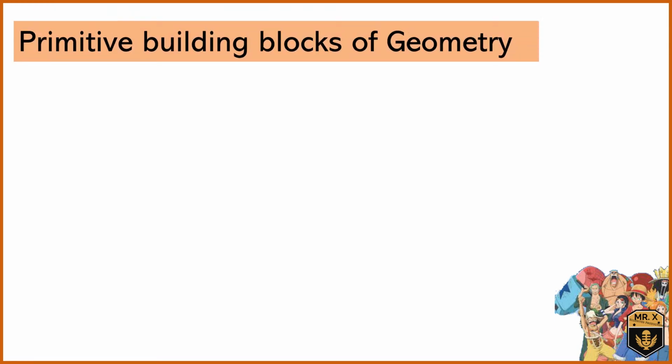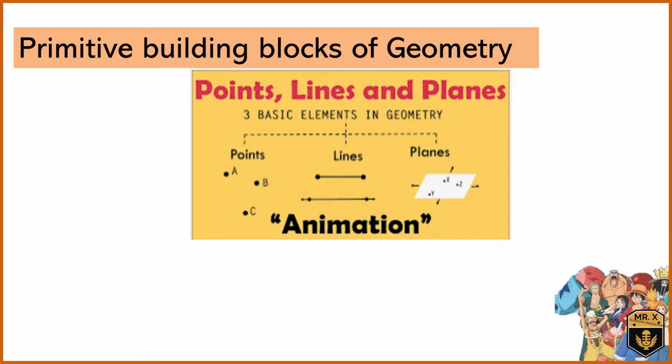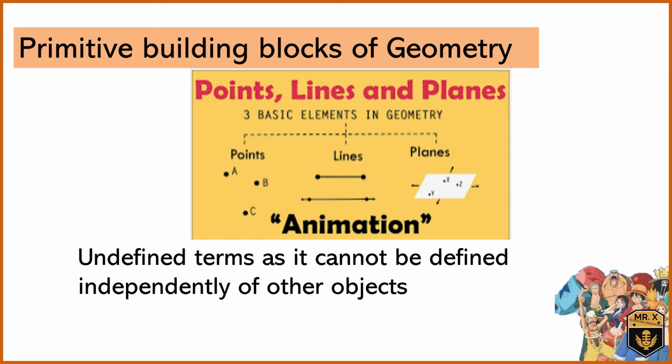In studying geometry, we will start with its three basic elements. These are points, lines, and planes, or these are called the primitive building blocks of geometry. So, here we start. Then, in geometry, these elements are called undefined terms. Why undefined?